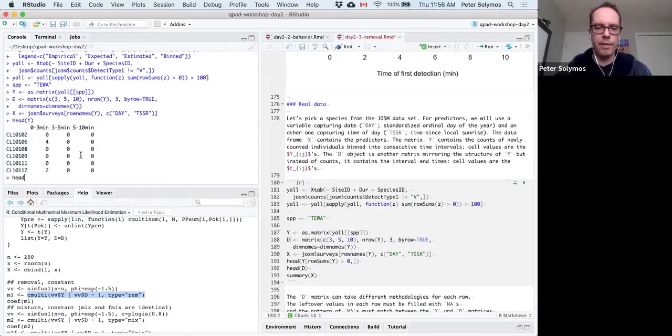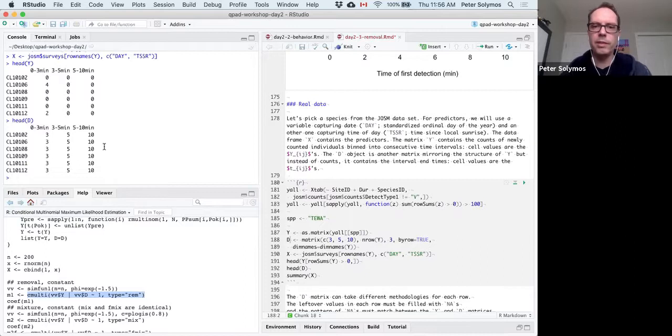Now head of D, this is where we have these end times. And why I like this specification is that you can have each row referring to a different protocol. So you might have 3, 5, 10, 1, 2, 3. So if you have multiple protocols, this is just a nice way of putting everything together if you know the end times.